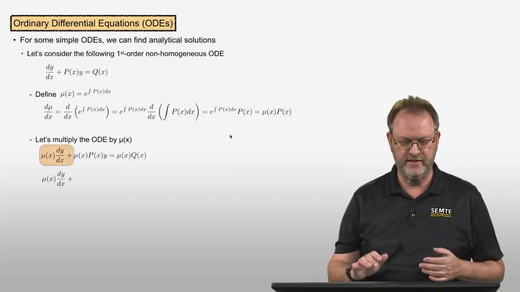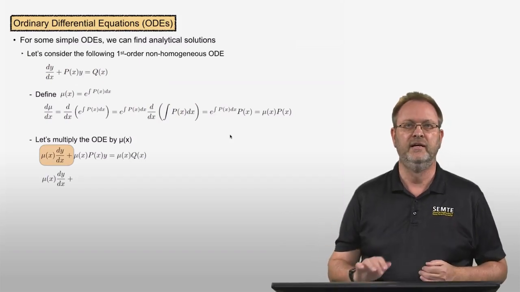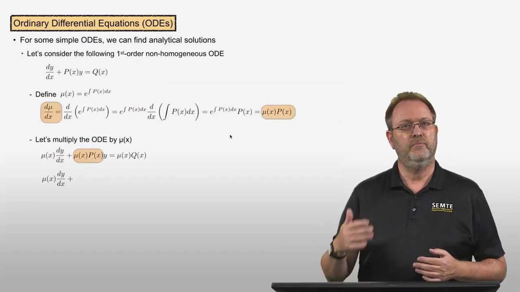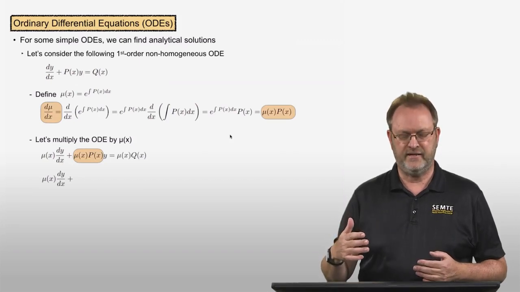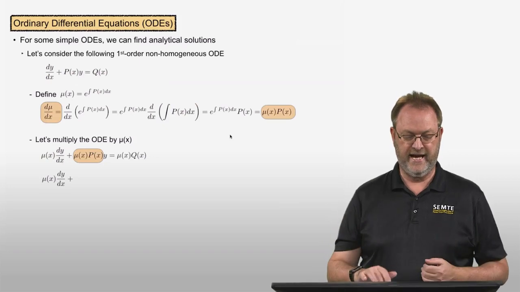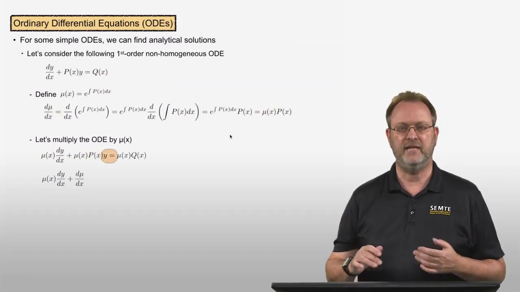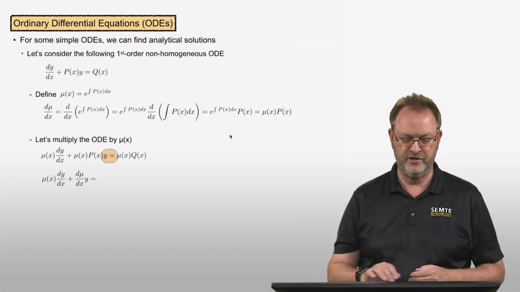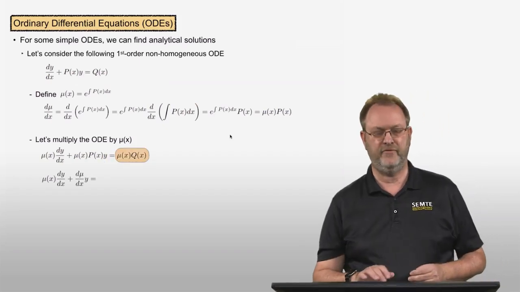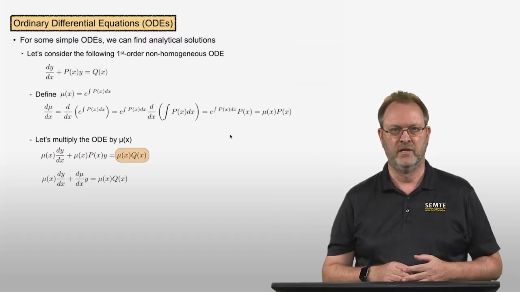Okay, so let's look at this mu of x dy/dx and copy it over. And then we have mu of x times p of x, but that is d mu/dx, right? So we replace this by d mu/dx, then times y, we leave that untouched. And on the right-hand side, we still have mu of x times q of x.